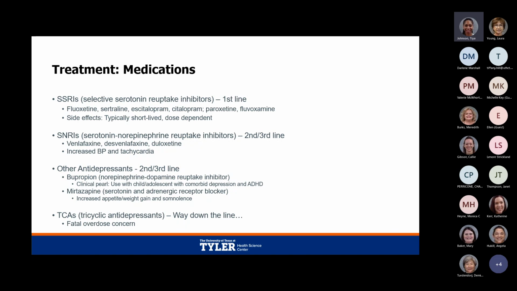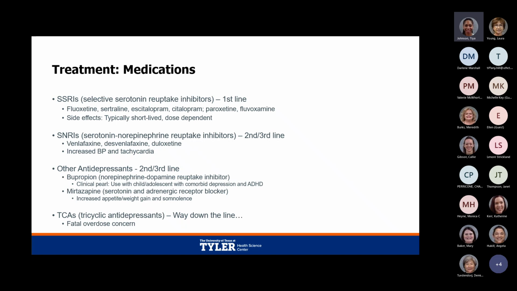Now, tricyclic antidepressants, or TCAs, are great antidepressants that work well, but they have a lot of side effects and a lot of medication interactions. And so TCAs are going to be way down the line when it comes to treating depression in children and adolescents.